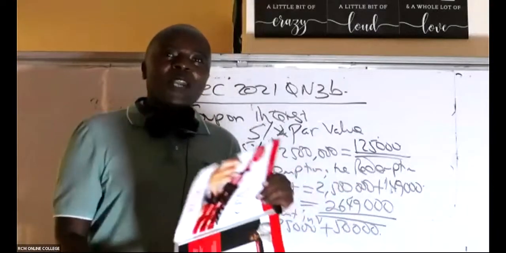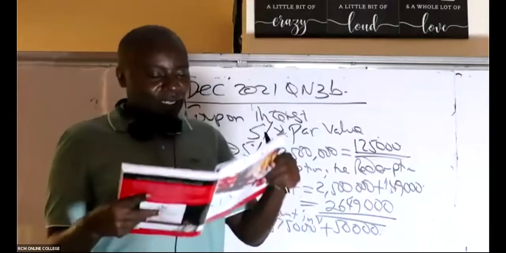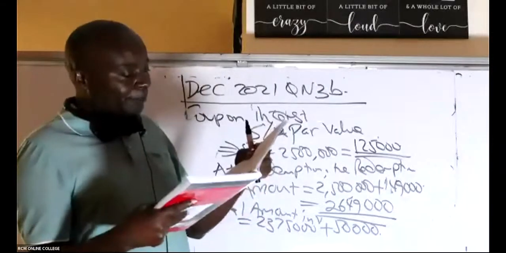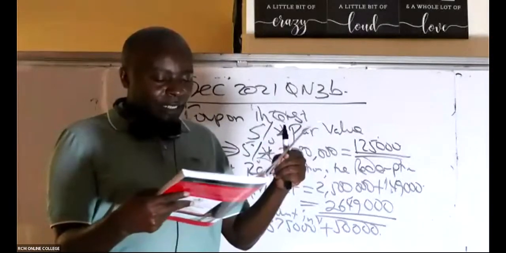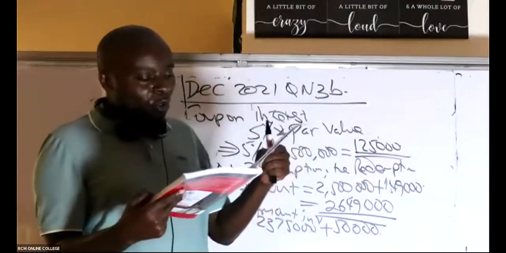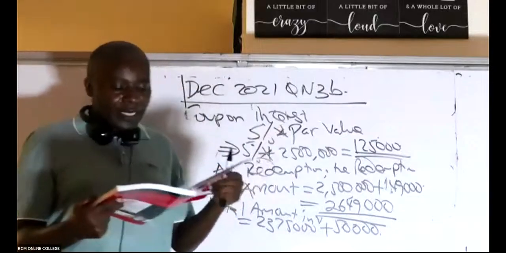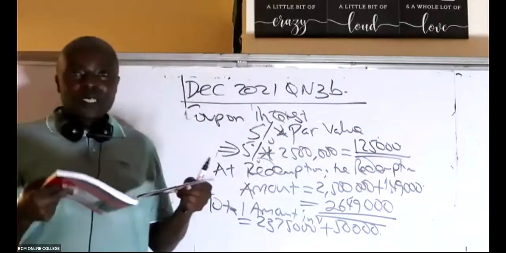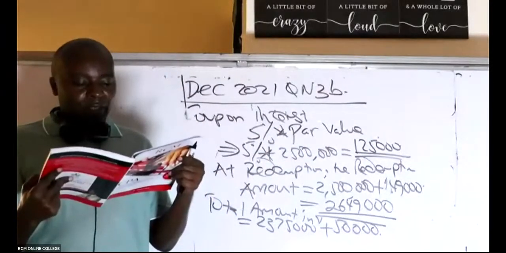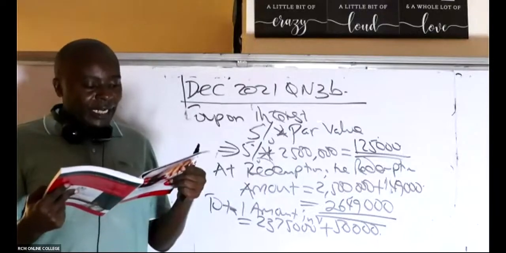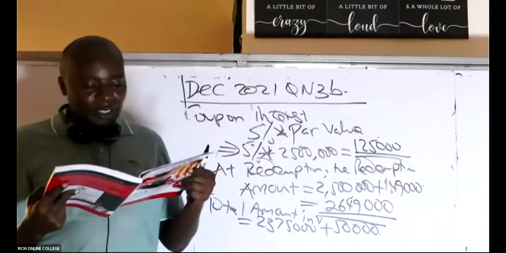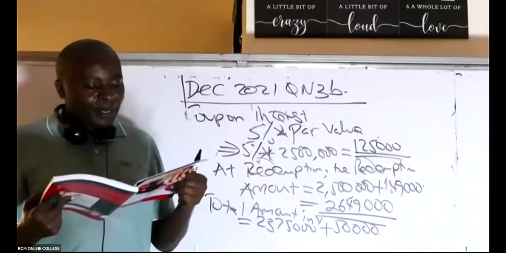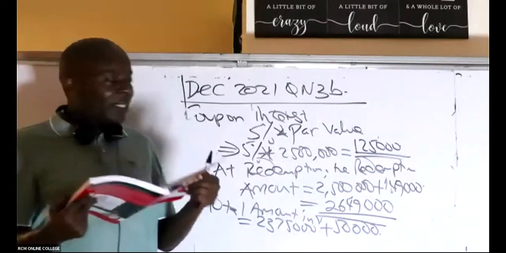I will not start doing the question again. I'm sorry for that, you have to excuse me. So we now know how much we have invested, because the purchase consideration of the bond was 2,375,000 and the company incurred 50,000 transaction cost. The bond will be redeemed at a premium of 149,000.